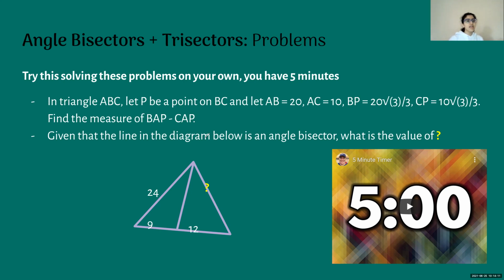Question 1: in triangle ABC, let P be a point on BC and let AB equal 20, AC equal 10, and BP equal 20 radical 3 over 3, and CP equal 10 radical 3 over 3. Find the measure of BAP minus CAP. So this might not look like angle bisector theorem, but draw out a diagram, and that will help you a lot.